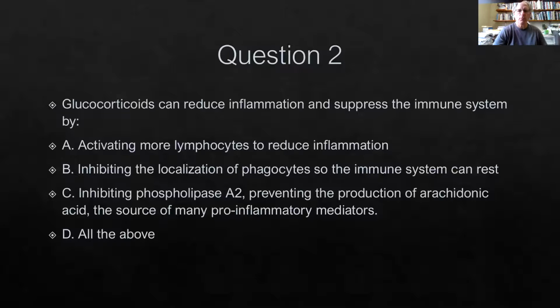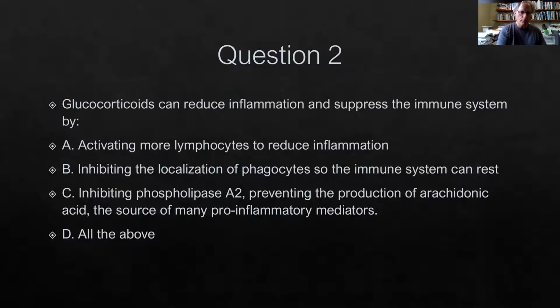Question 2. Glucocorticoids reduce inflammation and suppress the immune system by A, activating more lymphocytes to reduce inflammation. B, inhibiting the localization of lymphocytes so the immune system can rest.